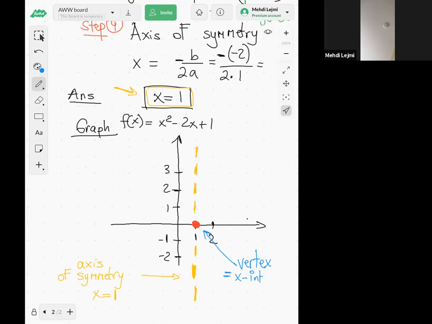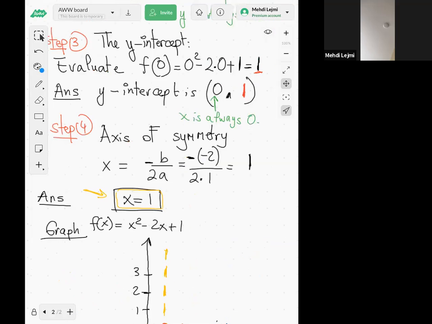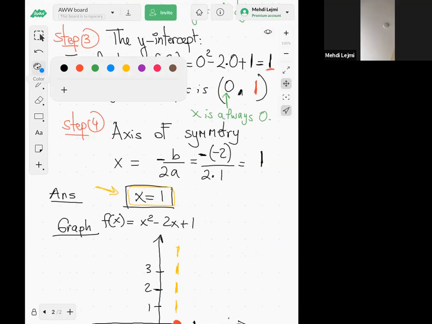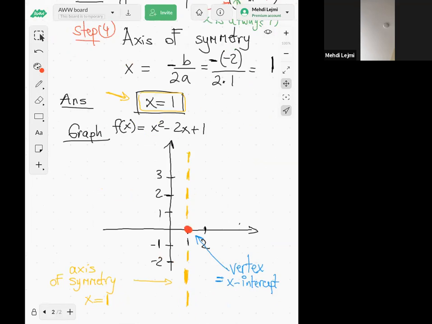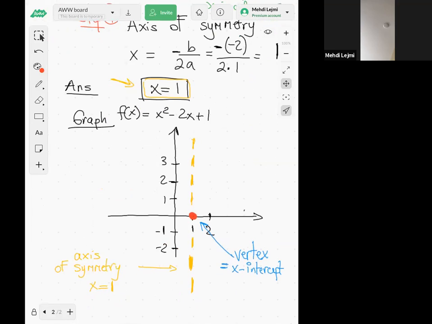Now the y-intercept is (0, 1), right? So here is 0, and here's (0, 1). That's my y-intercept.